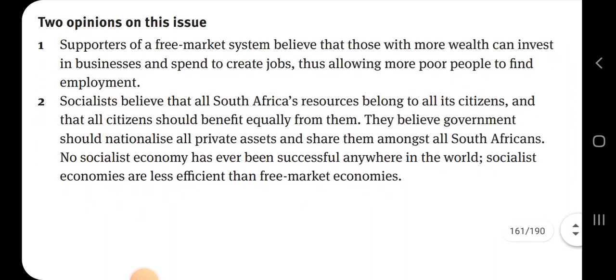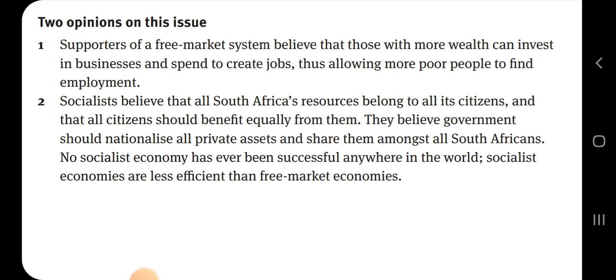Two opinions on this issue. Supporters of a free market system believe that those with more wealth can invest in businesses and spend to create jobs, thus allowing more poor people to find employment. Socialists believe that all South Africans' resources belong to all its citizens, and that all citizens should benefit equally from them.